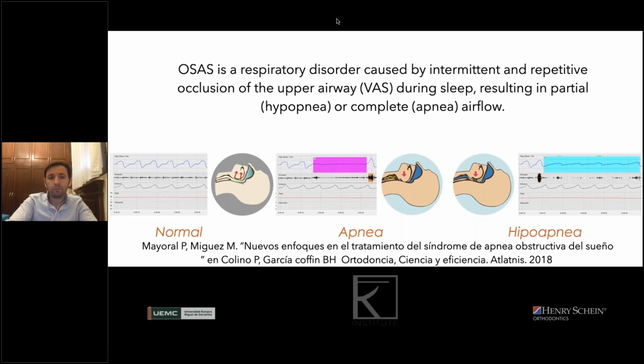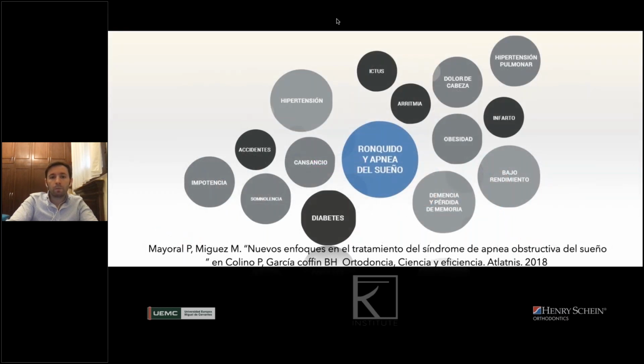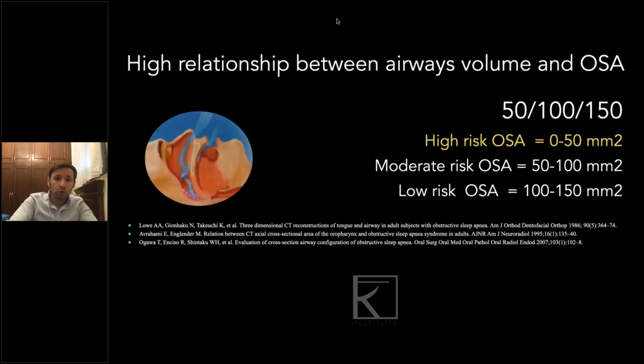So oral breathing and sleep apnea have a strong relationship with obesity, with cardiovascular disorders, with hypertension as well. So we need to be focused. We need to be focused on the diagnosis.